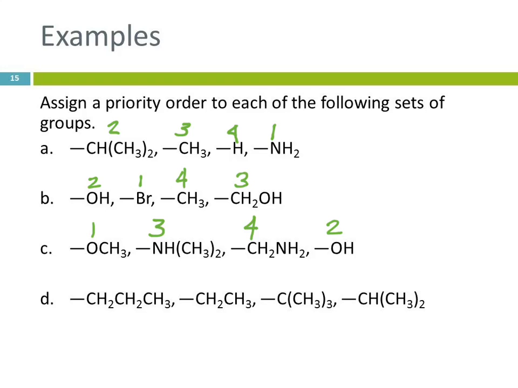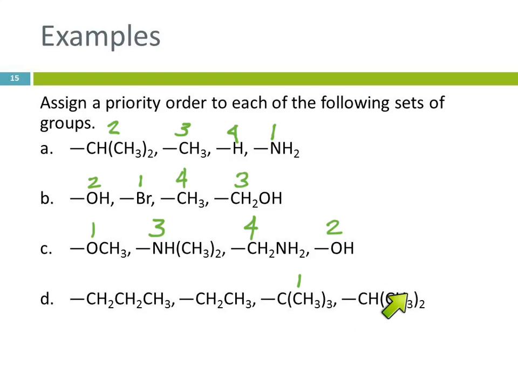Okay, letter D, it's all carbons. So here's carbon, and the second atom in the chain is a carbon. Here the second atom is carbon. Here, this one has how many carbons attached to it? 3. And this one has how many? 2. So this one having more carbons attached directly to that first atom is going to be the highest priority.